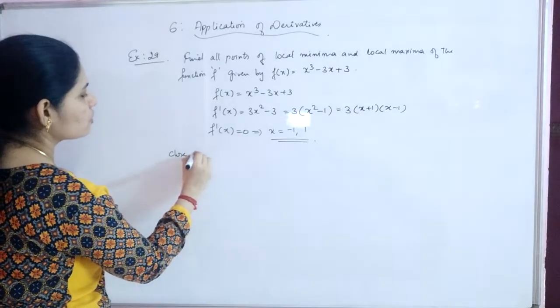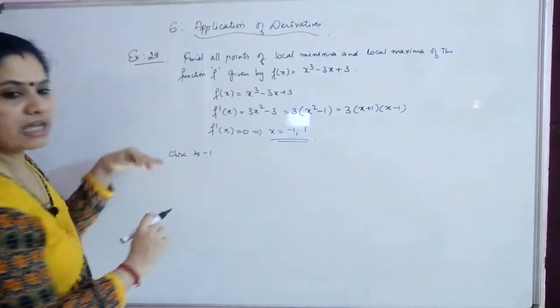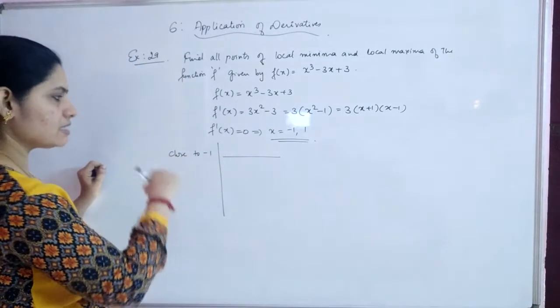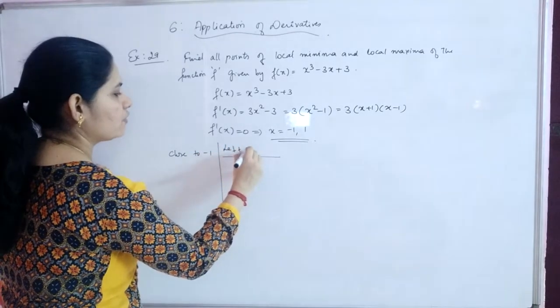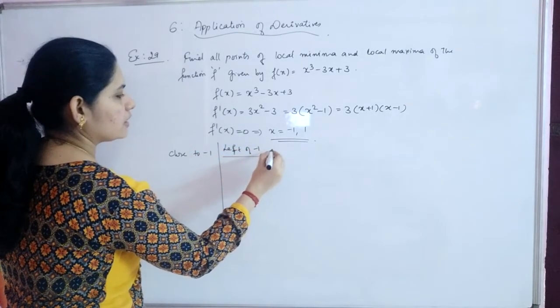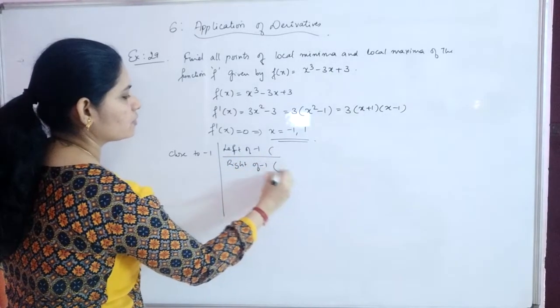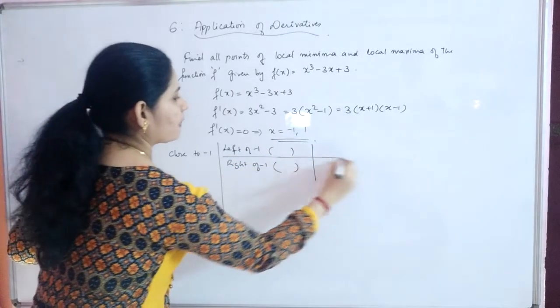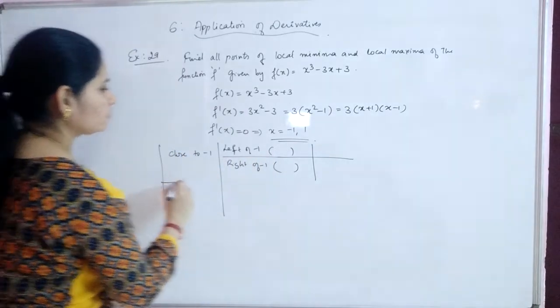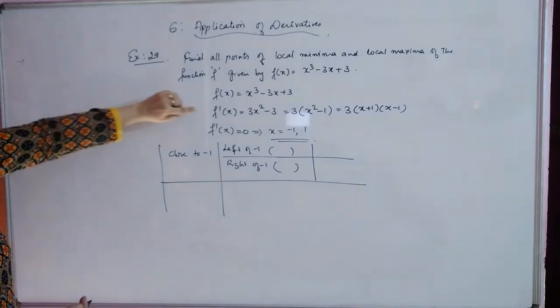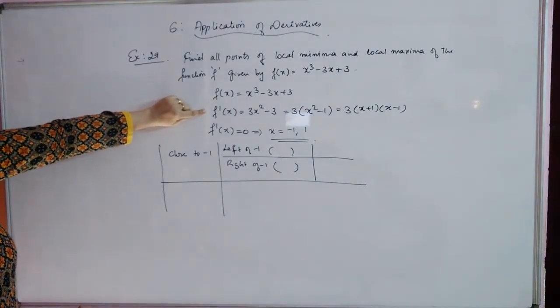So when we choose values close to minus 1, we have to go for left and right of minus 1. To the left of minus 1 if you choose a value, and to the right of minus 1, you have to check whether it is giving you a positive or negative for the derivative, where you will substitute in the derivative f dash of x.